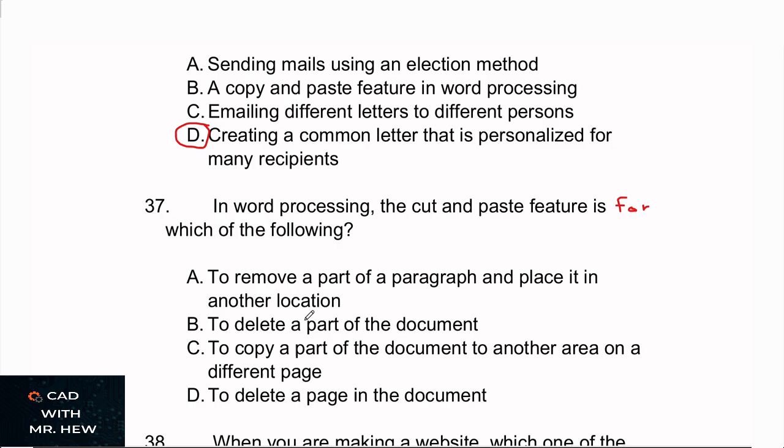B, to delete a part of the document. C, to copy a part of the document to another area on a different page. D, to delete a page in the document. So the best answer would be A.